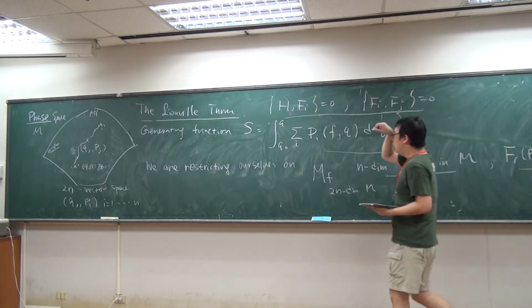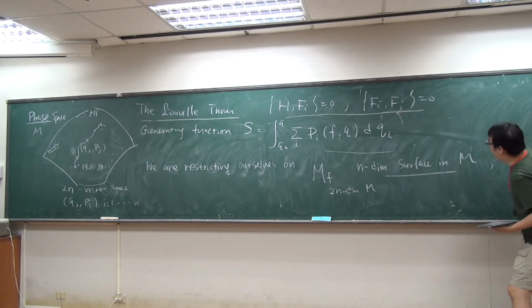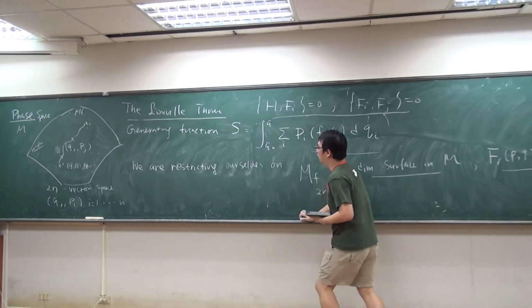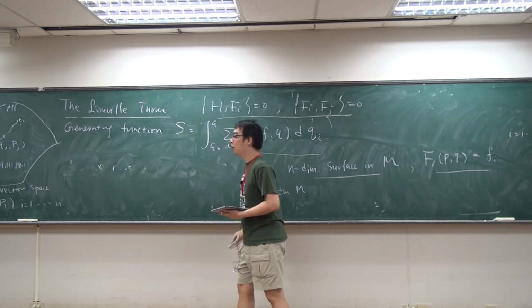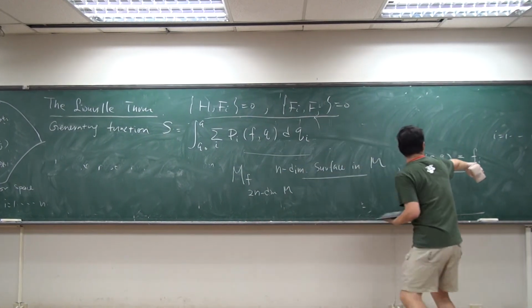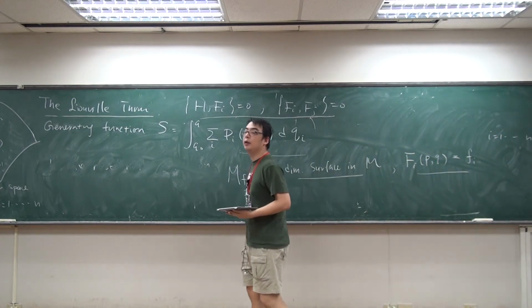On this surface, because the F are actually constants, we can actually solve. That simply means those constant fi's. Sorry, I should specify notation.